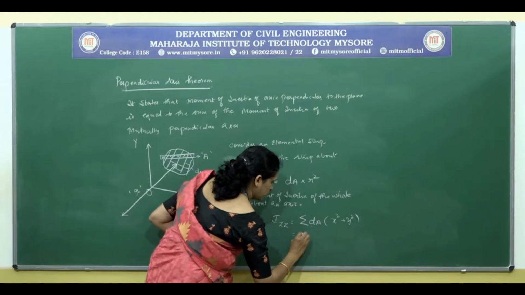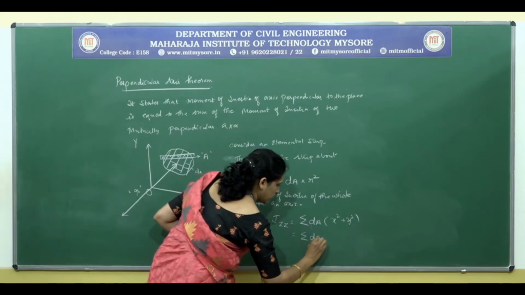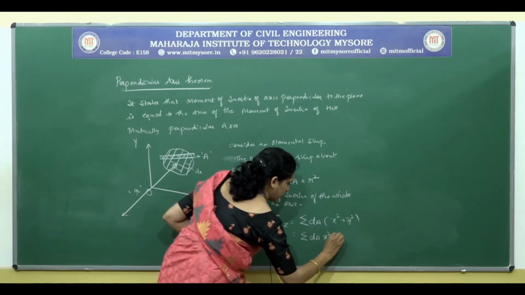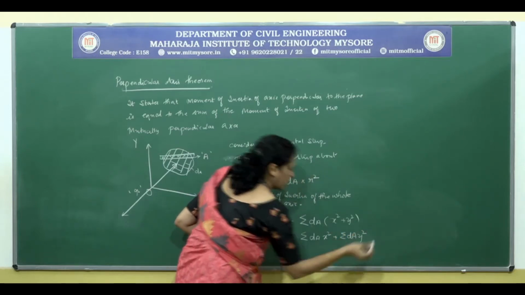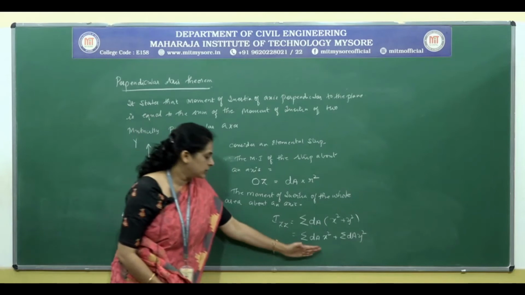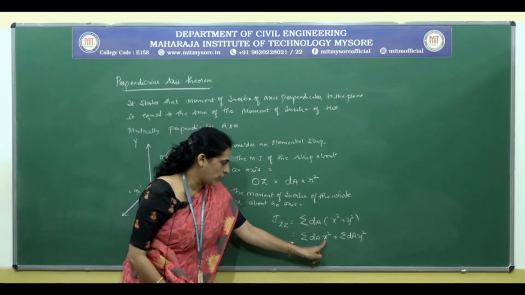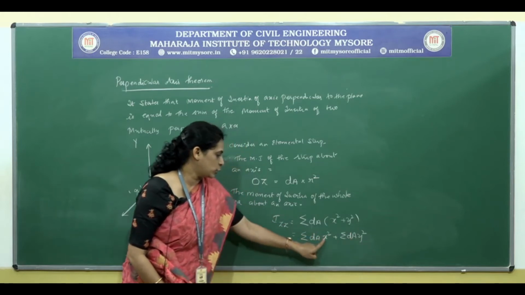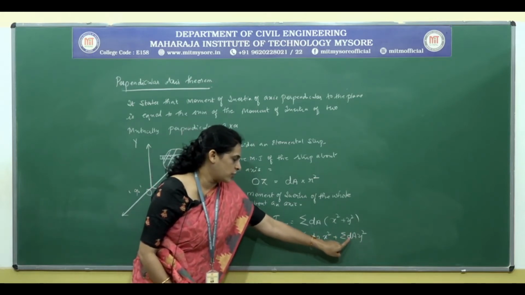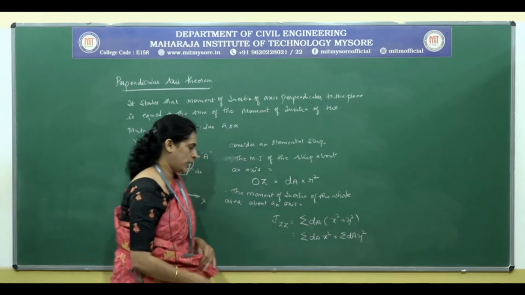So, upon opening the brackets, we get summation of dA into x square plus summation of dA into y square.